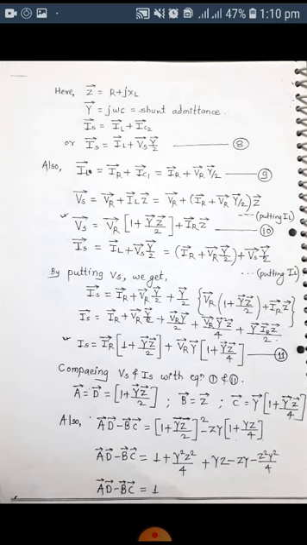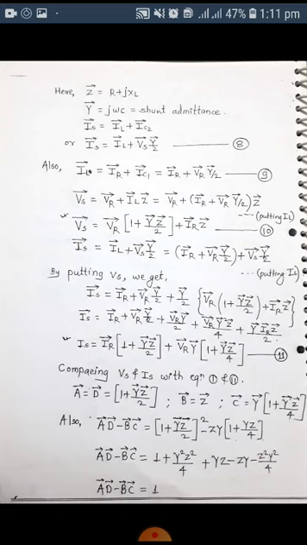Now, again by putting the value of IL, we get Is, the sending end current, equal to IL plus Vs into Y by 2. Now, we also get IR plus Vr into Y by 2 plus Vs into Y by 2, by putting the value of IL.